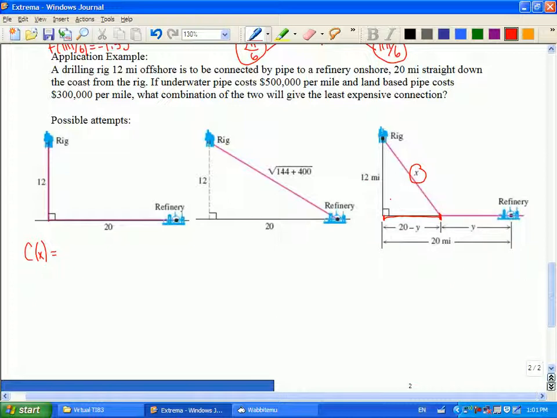So this one here is the square root of x squared minus 12 squared, which is 144. That's how long this piece is right here. Okay. So let's just say I plug those numbers in my calculator and it says, oh, that's 5 miles. How far do I have to go along the land?